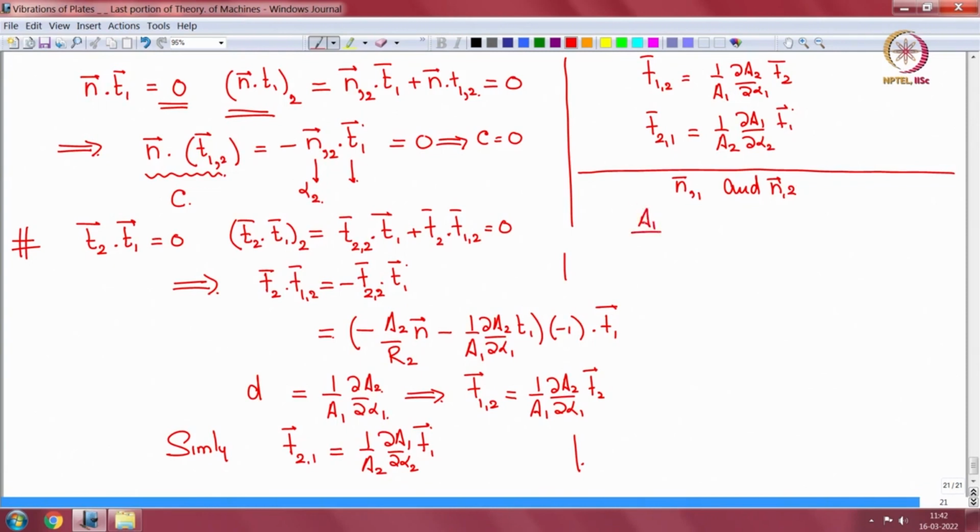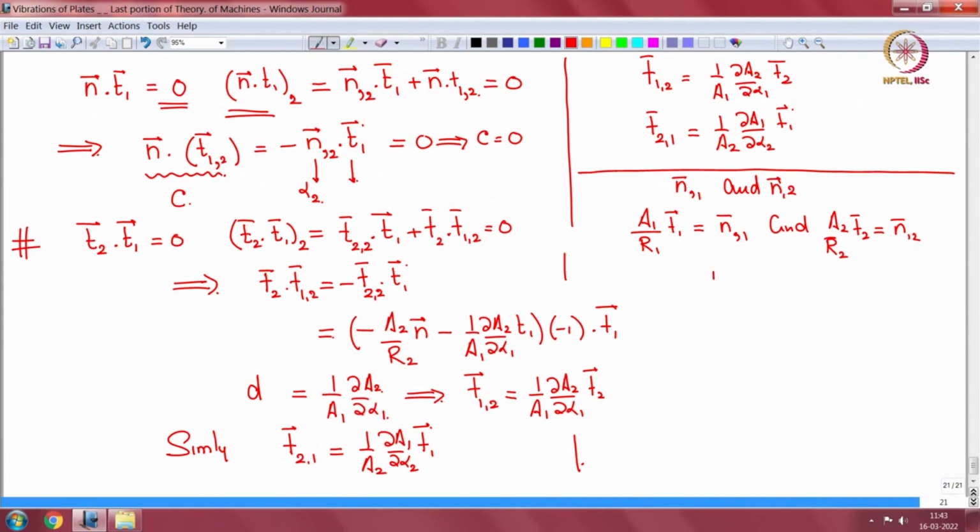A1 by R1 T1 is equal to n bar comma 1 and A2 by R2 T2 is equal to n bar comma 2. Okay. Now we are looking at a surface which is continuous.